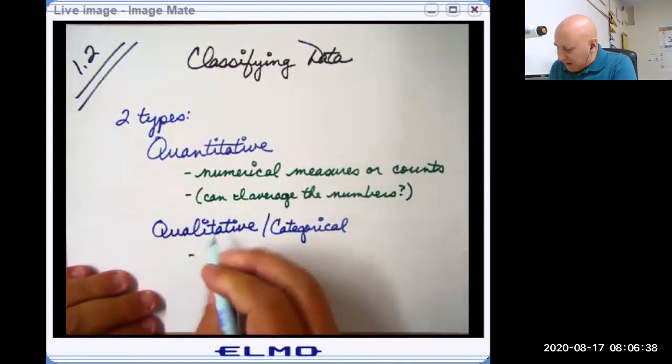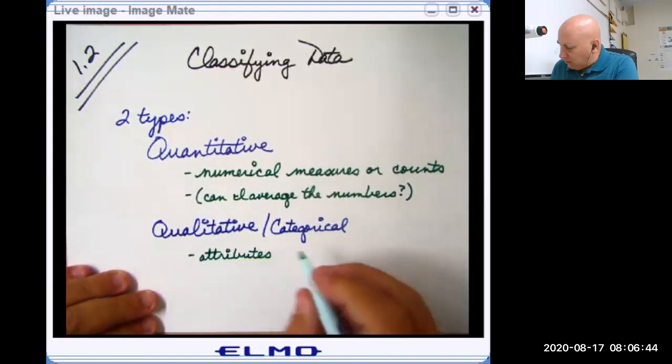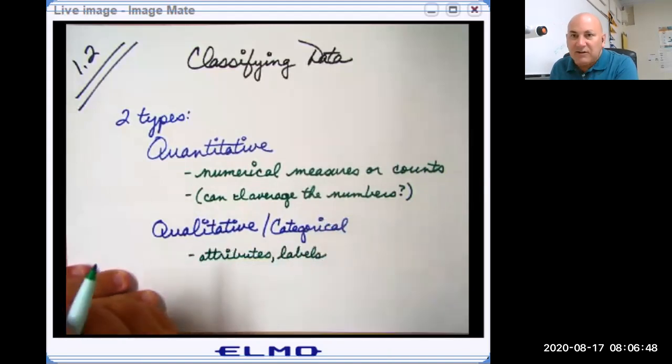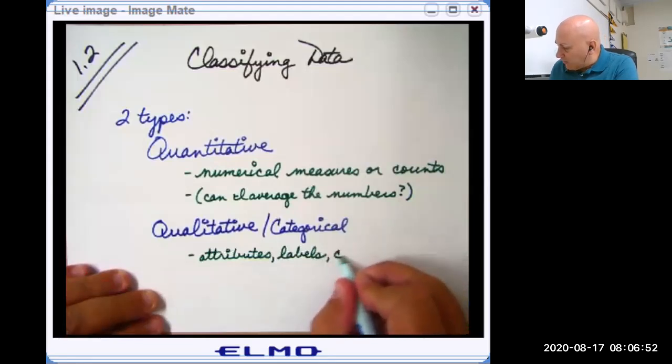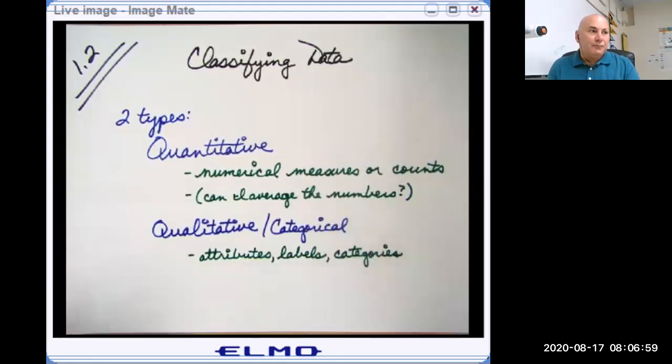It's attributes like hair color, labels like 9th grade, 10th grade, freshman, sophomore, junior, or categories. So those are the two types of data that we can gather.